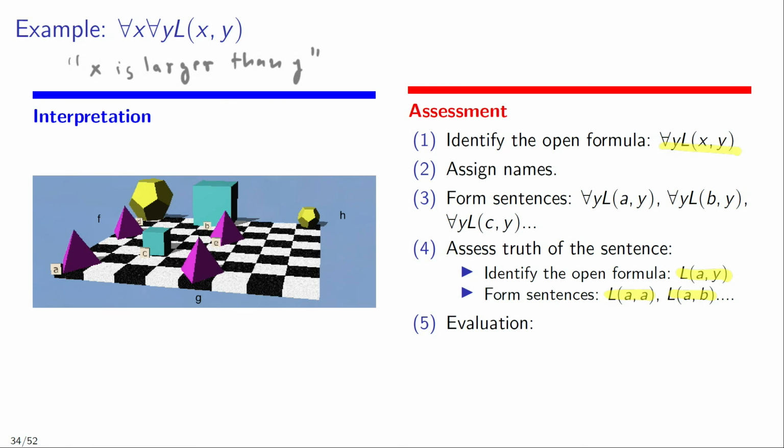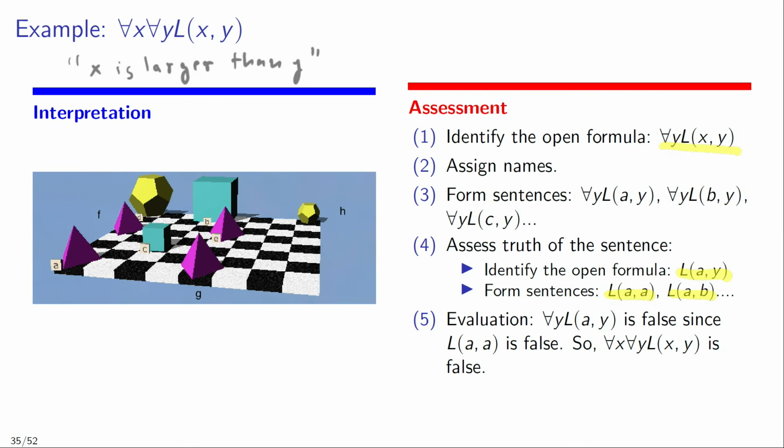And we can now assess our sentence that we want to assess in this example as follows. For all y, Lay is false since Laa is false. And therefore, for all x and for all y, Lxy is also false.